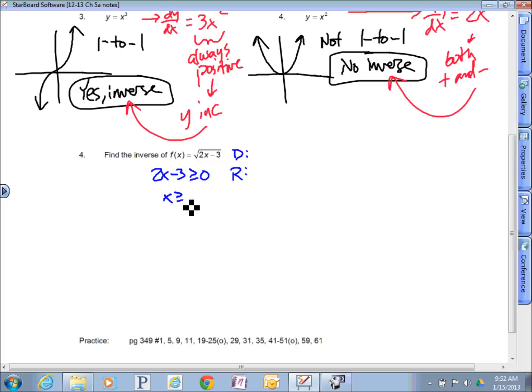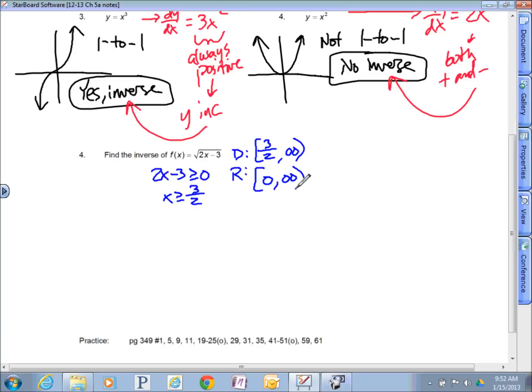So that means x has to be greater than or equal to, add 3, divide by 2, 3 halves. So my domain starts at 3 halves and goes on to infinity. The range then, well, that square root has a positive on it, which means the range is going to start at 0 and go on to infinity. So that's what I know about my original function.